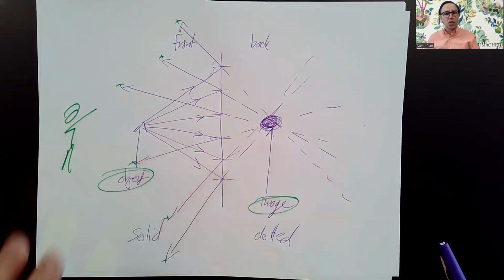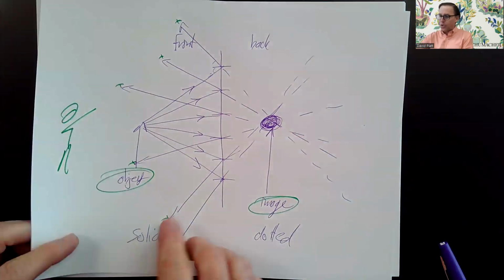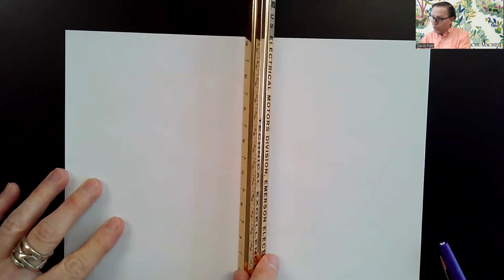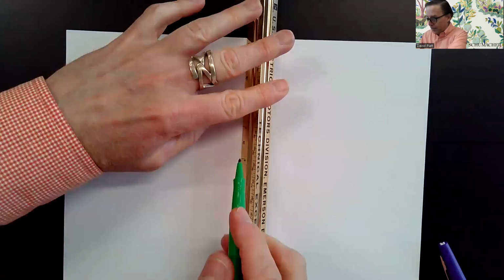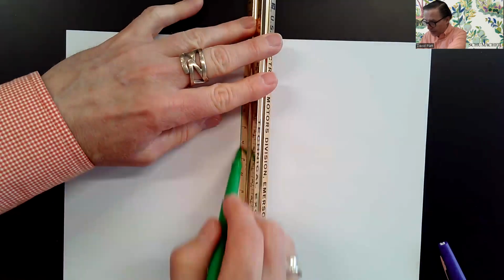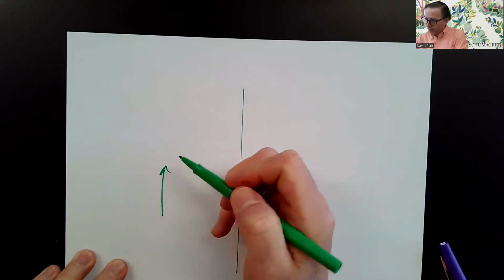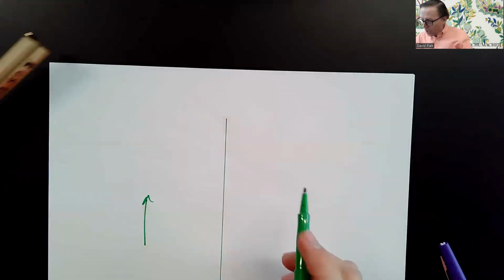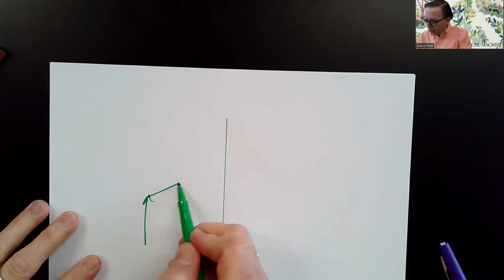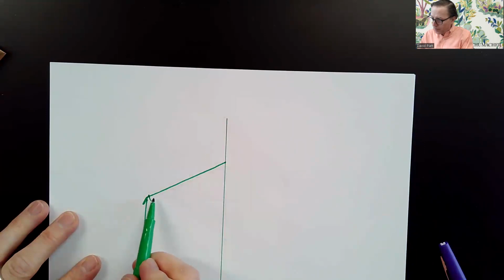Now, this picture looks a little messy because I drew so many rays. Now that I see what's supposed to happen, I can redraw this picture with just 2 rays. So there's the mirror, and here's my object, and I can draw 2 rays going off in any direction I want.